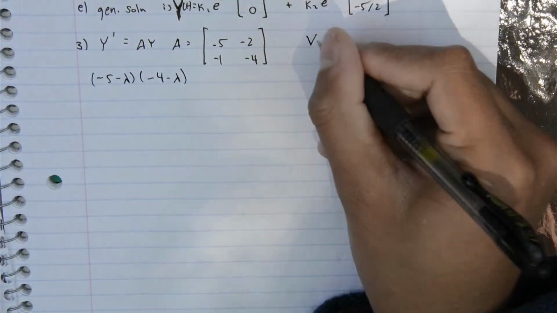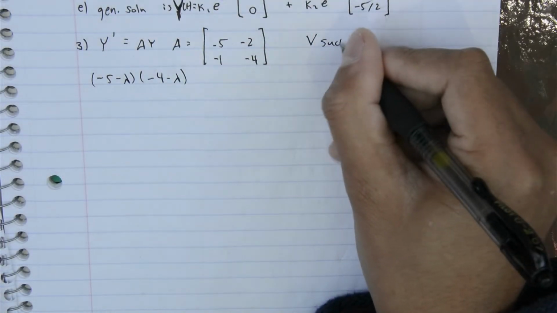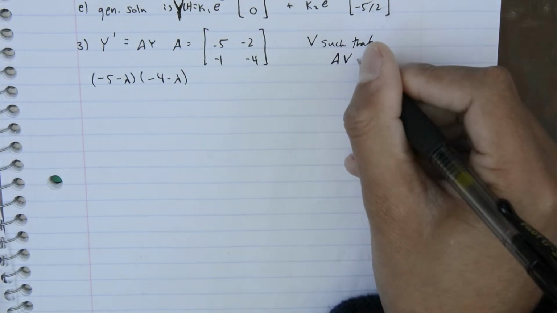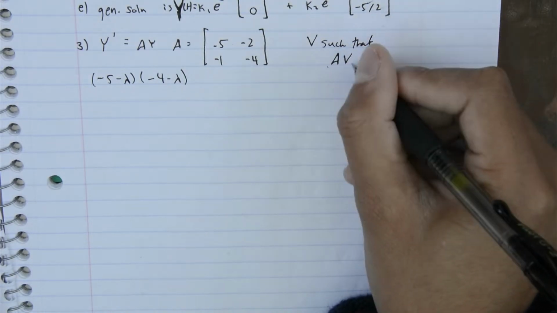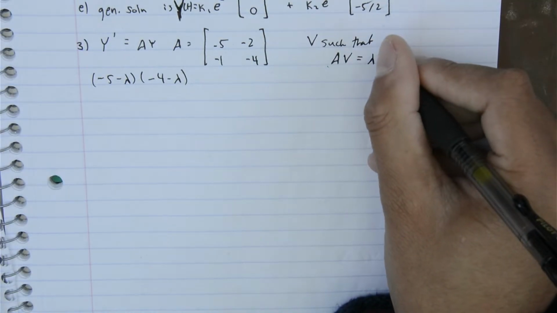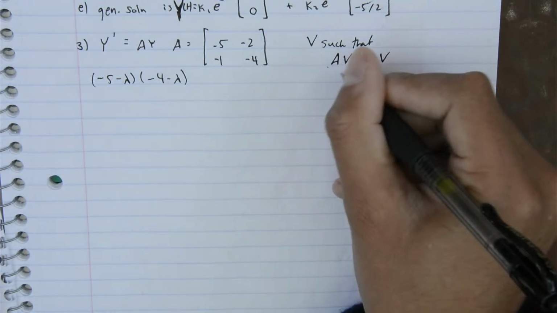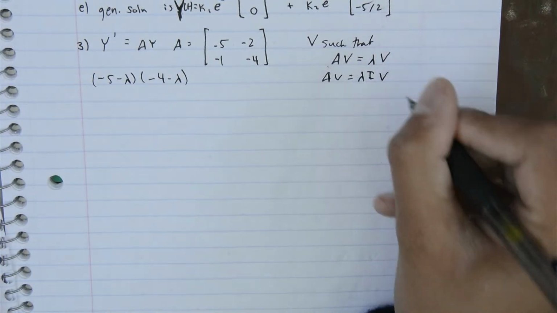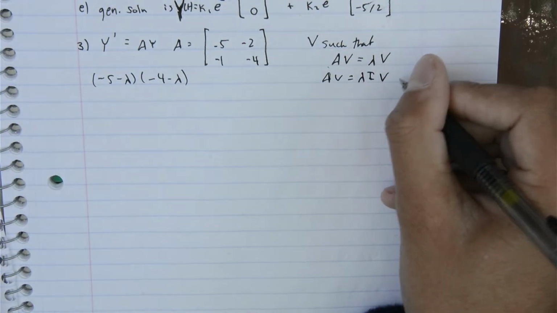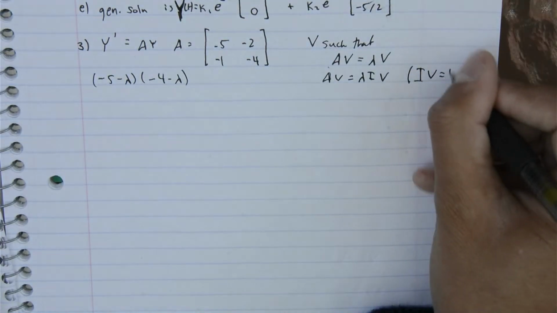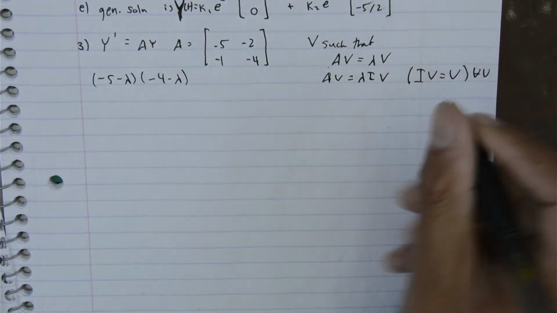We're going to try to find v such that A times v, which is the vector field at some position v, is a scalar multiple of v. So if we turn this into Av is equal to lambda times the identity matrix times v, it's going to be the same because Iv is equal to v. So I'll just write that Iv equals v for all v. Then we're good there.